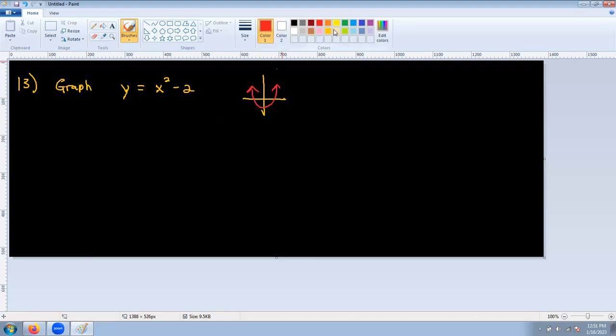Wouldn't it look something like that? And another one. So we have y equals x minus 2. And it looks something like this.